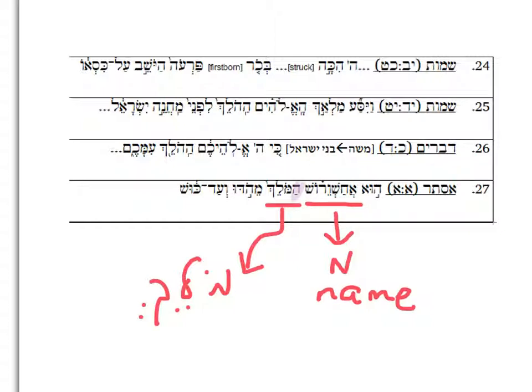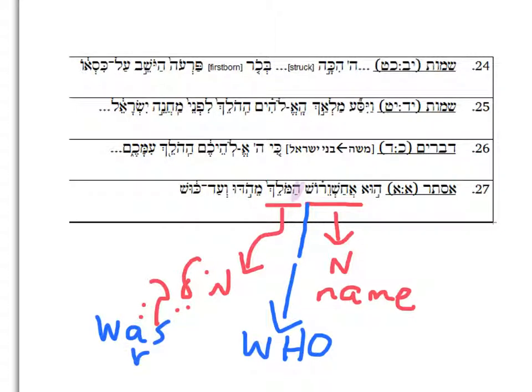So in a way, it's a ha-ha. So what word do I have to add in the middle? I have to add who. So I add who. So Achashverosh, who was ruling, me Hodu va'ad Kush, from Hodu until Kush.